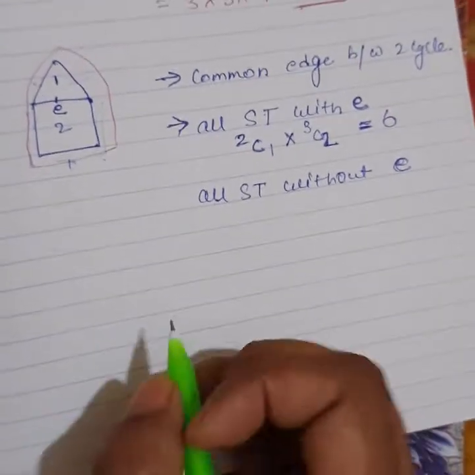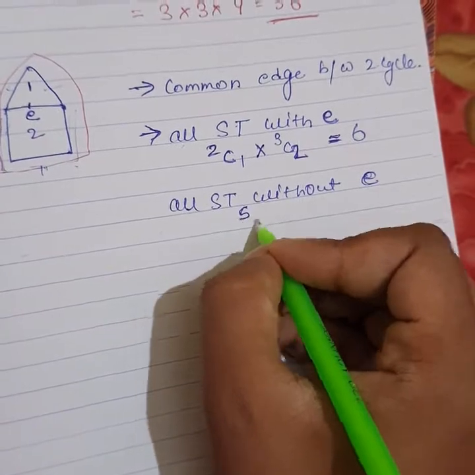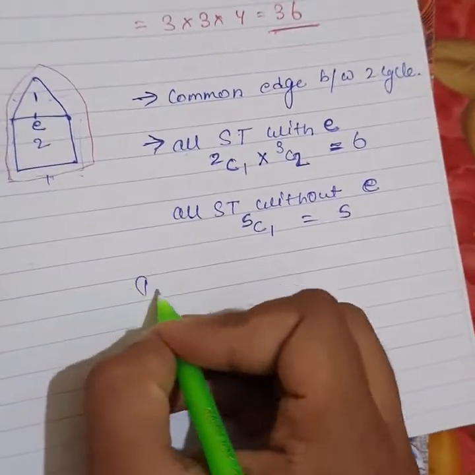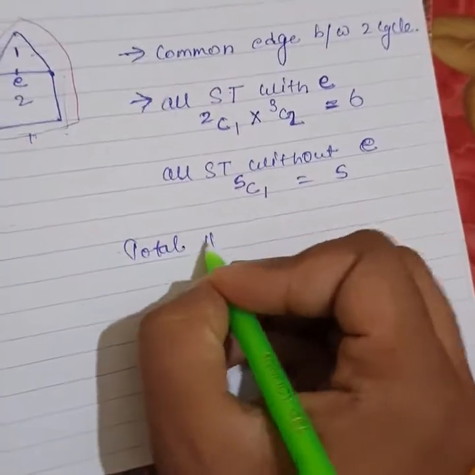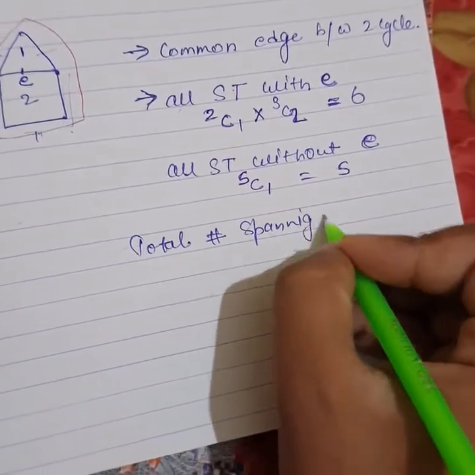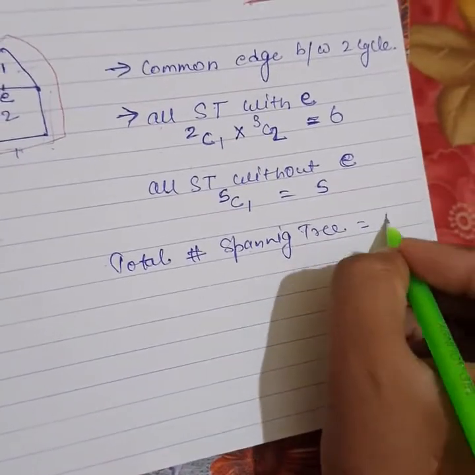So we have to choose one from 5, so the number of ways is 5. So the total number of spanning trees is equal to 11.